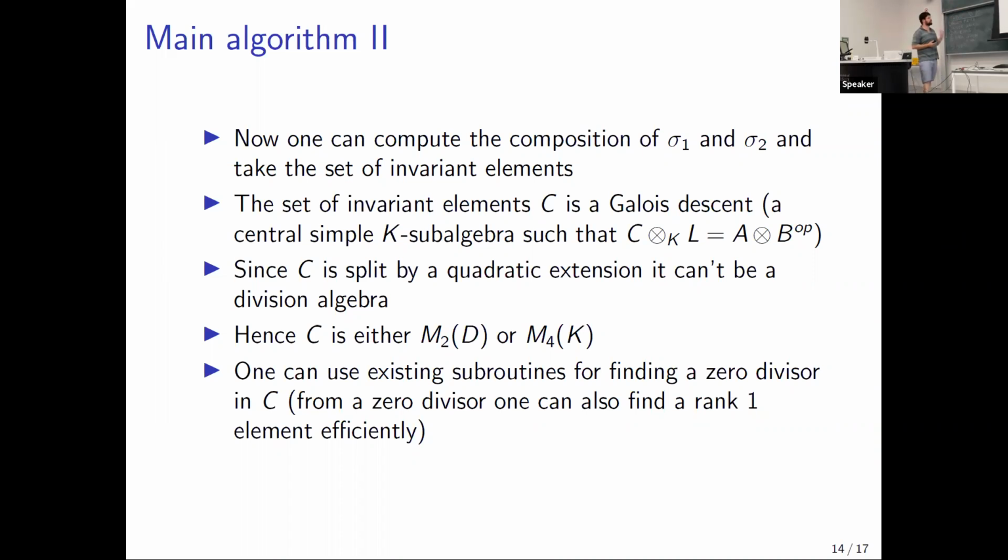So there are only two choices here. It's either M4(K) or M2(D). And the main thing here is that, again, these are smaller objects over K, and there exist algorithms for finding zero divisors there.